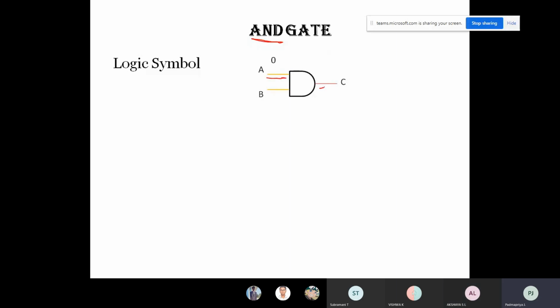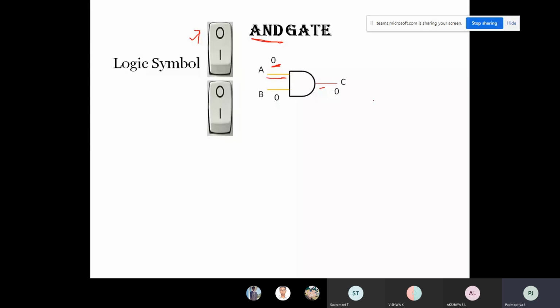Now if you apply the logic value zero, that is binary zero, for the input A, then for the case of zero the switch will be in off condition. If it goes for one, then the switch will become on. For B, again it is zero, so the switch will be in off condition.